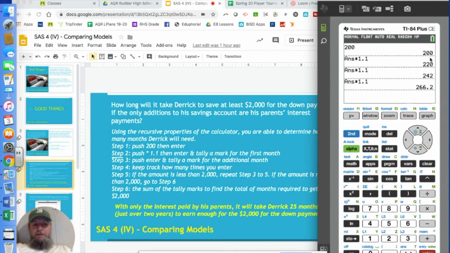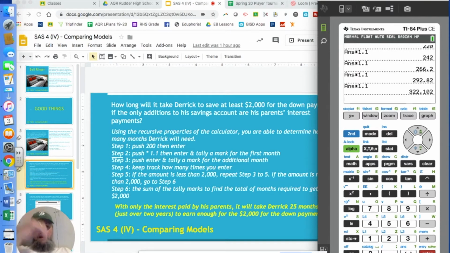And if I want to continue doing that, it'll use the last answer every time. So that's 0, 1, 2, 3. I'm going to keep track of it until I get to 2,000. 4, 5, 6, 7, 8, 9, 10, 11, 12, 13, 14, 15, 16, 17 months, and we're still only at $1,000.